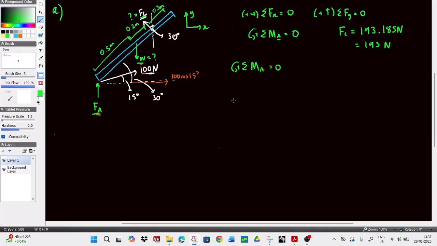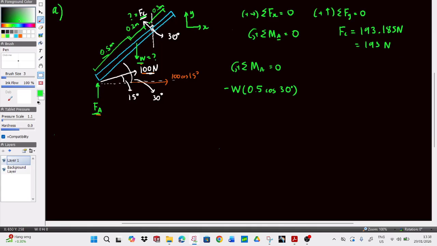So in this case it would be the weight, which is negative W, multiplied by 0.5 cosine 30 degrees. That would give the clockwise moment.